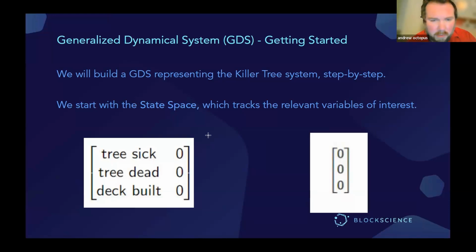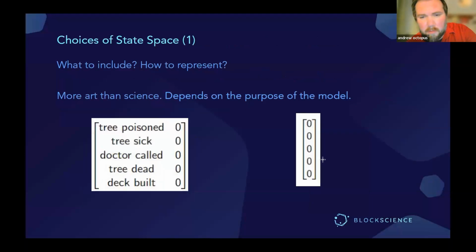We could look at tree sick, tree dead, and deck built as all initially being set to 0 because none of these conditions are true in the system. We could look at that as either a dictionary type structure where the key is included, or just as the vector 0, 0, 0, and we implicitly know the order in which the state variables are input. Or we could keep track of more than that because the agents may need a little bit more to determine their own decisions.